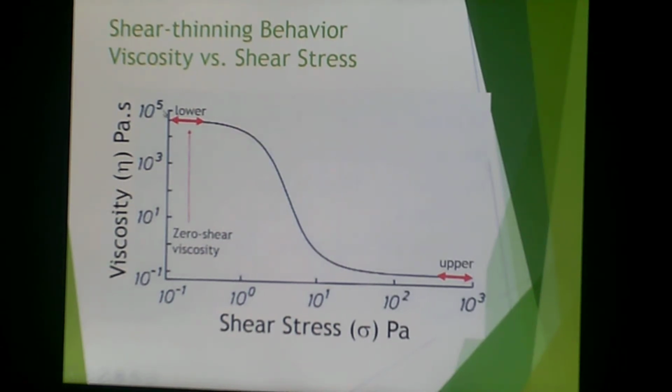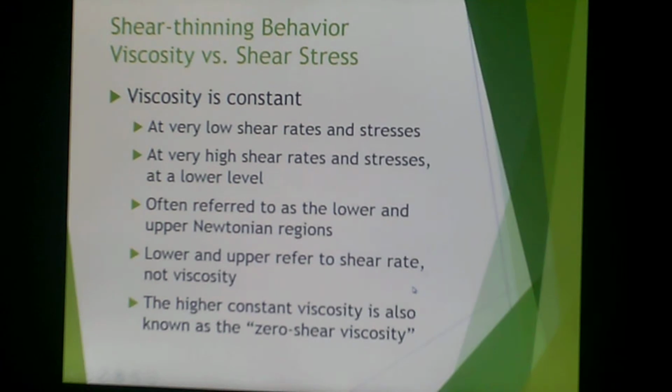The lower Newtonian region is also known as zero shear viscosity. It's important to point out that this lower region is based on the lower shear stress, not viscosity. And here you have the upper Newtonian region, which is based on shear stress, not viscosity. In a plot like this, at very low shear rates and stresses, viscosity is constant.